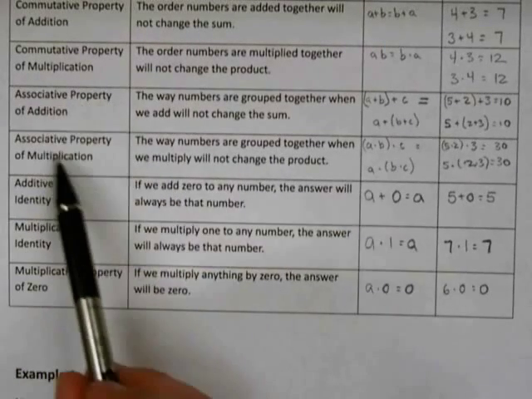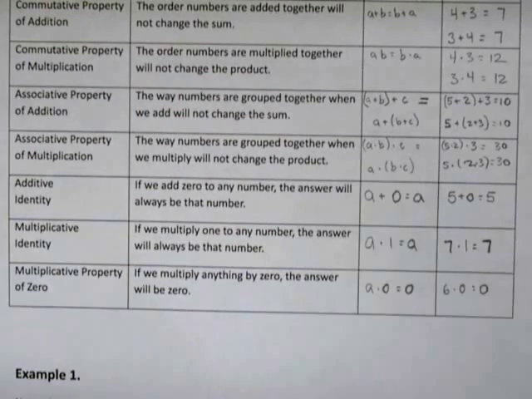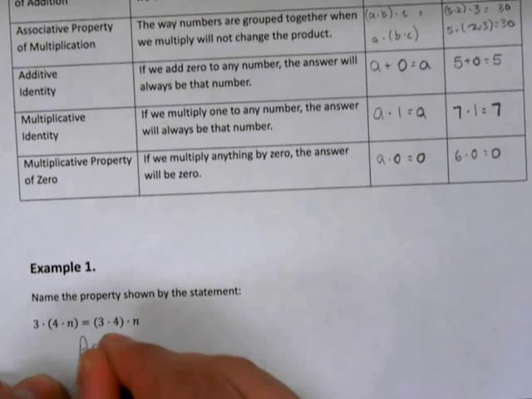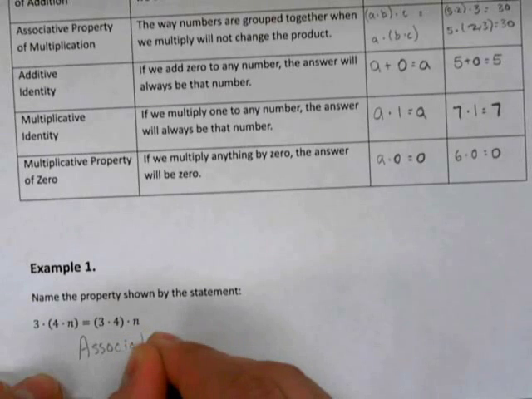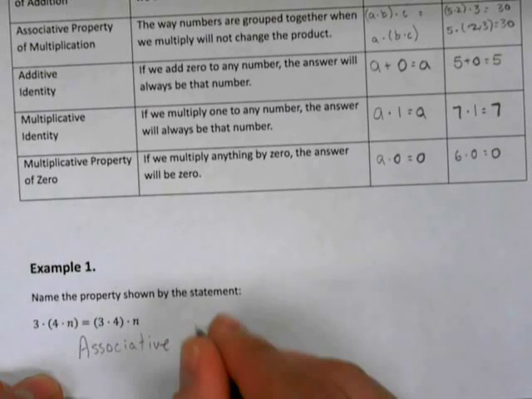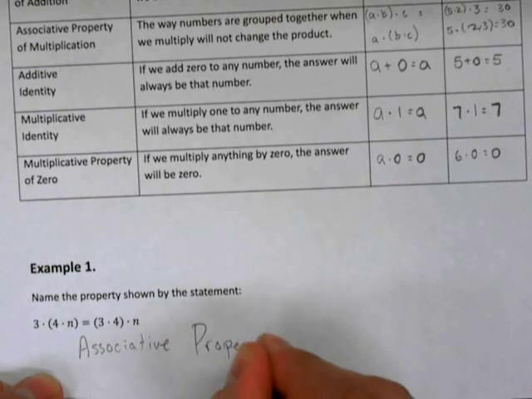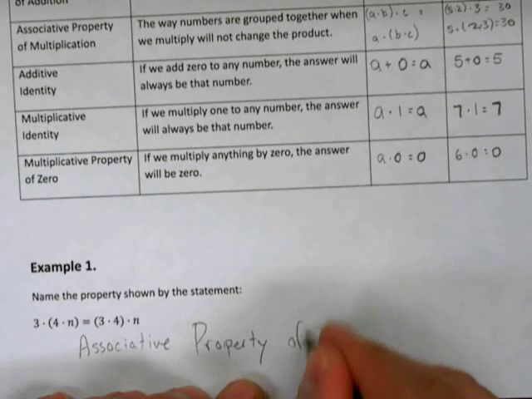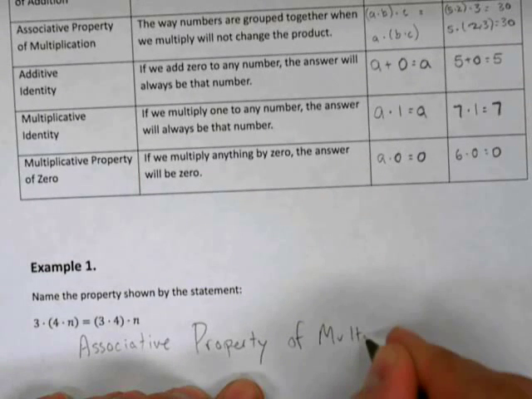And the associative property talks about how the groups don't matter and that those are going to equal each other. And so this is called the associative property. This example describes the associative property of multiplication because it is a multiplication problem.